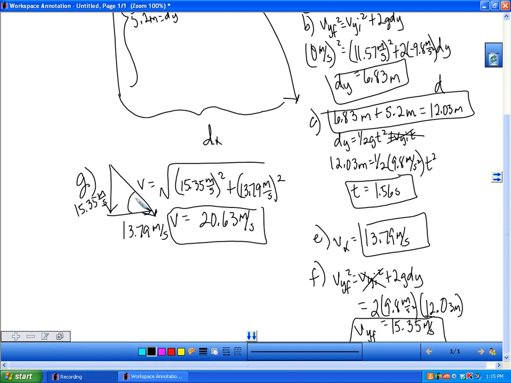And now I need the angle with the ground. So the tangent of theta is 15.35 meters per second over 13.79 meters per second. And I got theta to be 48.06 degrees with the ground.